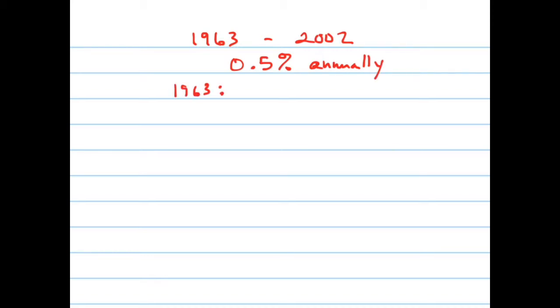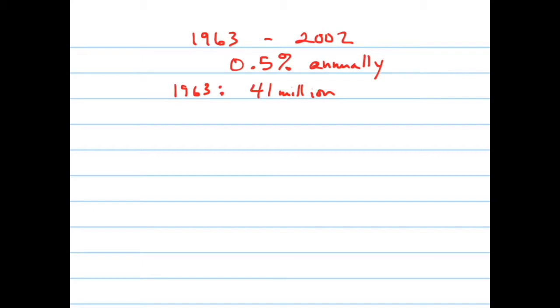Now, in example 5 in the book, it says, the number of acres of ponderosa pine forest decreased in the western United States from 1963 to 2002, so there's our range of dates, by 0.5% annually. It's every year. In 1963, there were about 41 million acres of ponderosa pine forest.